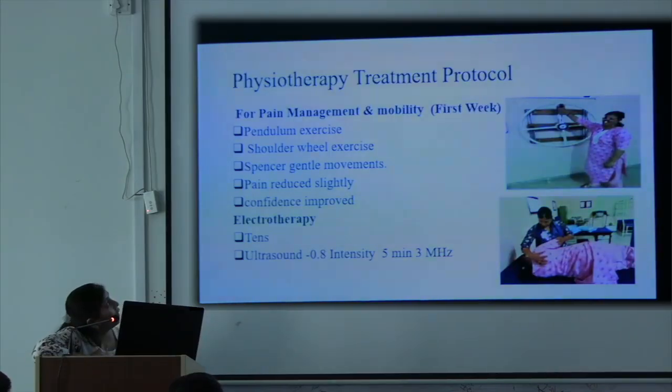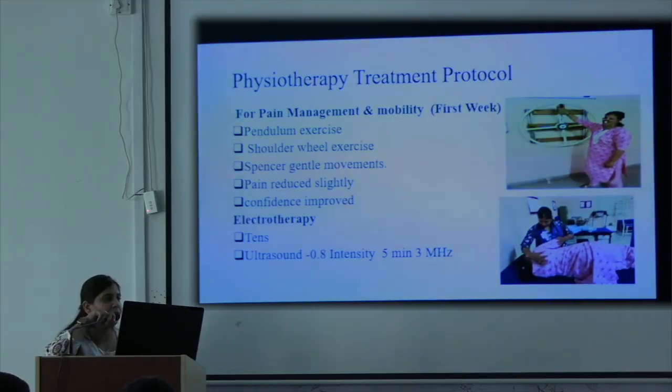Now I will explain my physiotherapy treatment protocol for the patient. First week is for pain management and mobility. In the first week we will give the pendulum exercise, shoulder breathing exercise, and expansion gentle movement. Not all the stages, but gentle movement because there is pain.